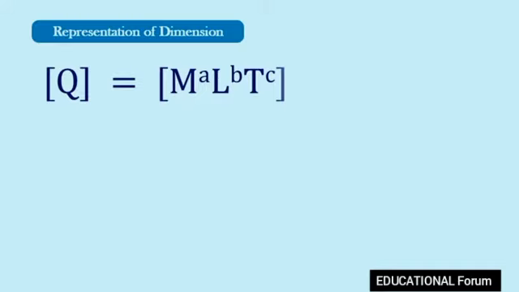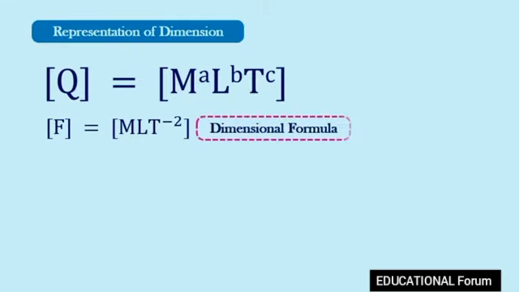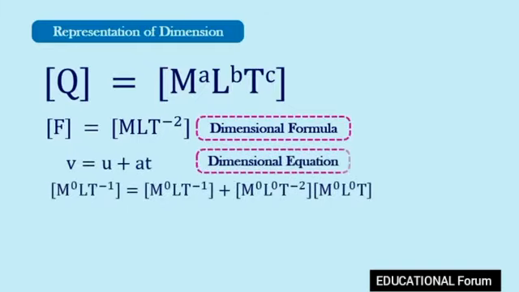If we take the example of force, it has dimensions 1 in mass, 1 in length, and -2 in time. Hence, dimensions of force can be expressed as [MLT^-2]. This expression is called the dimensional formula. If we replace each physical parameter in an equation with its dimensional formula, then it is called a dimensional equation.